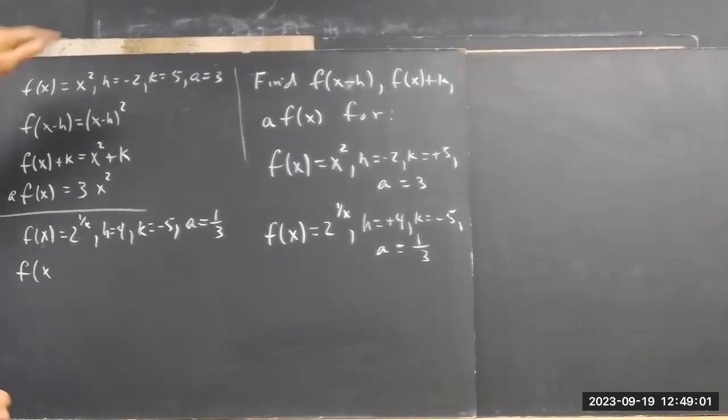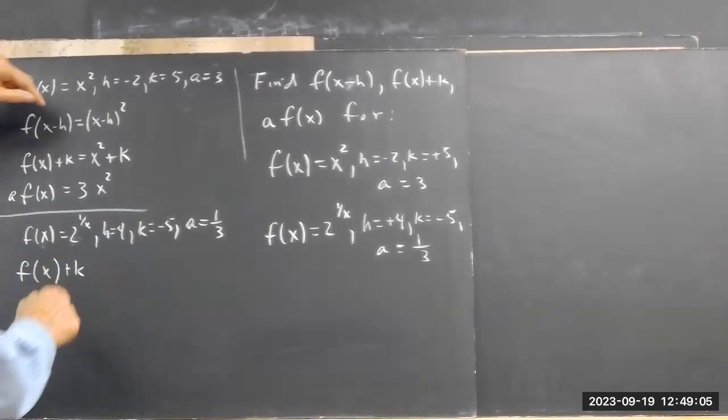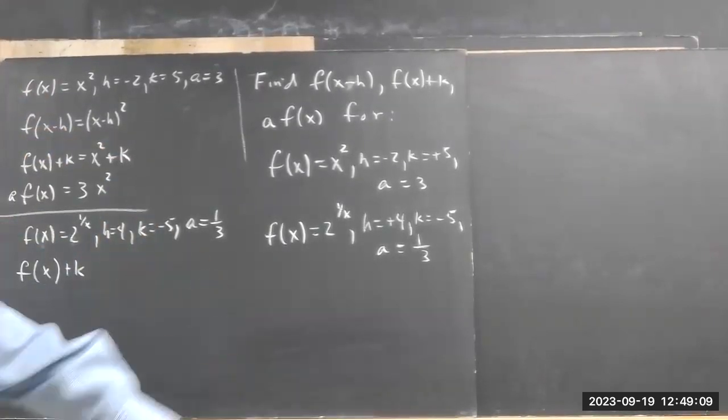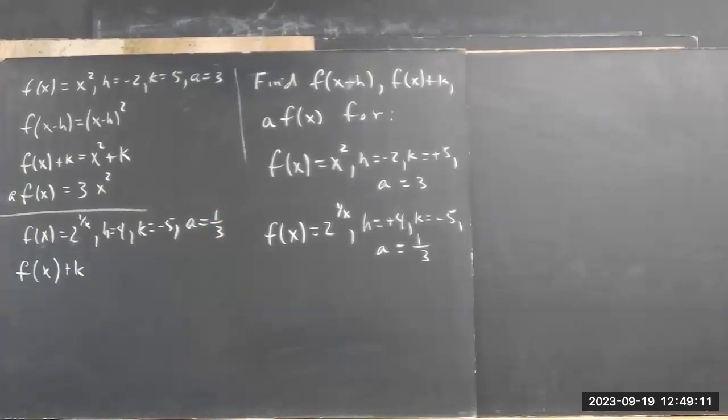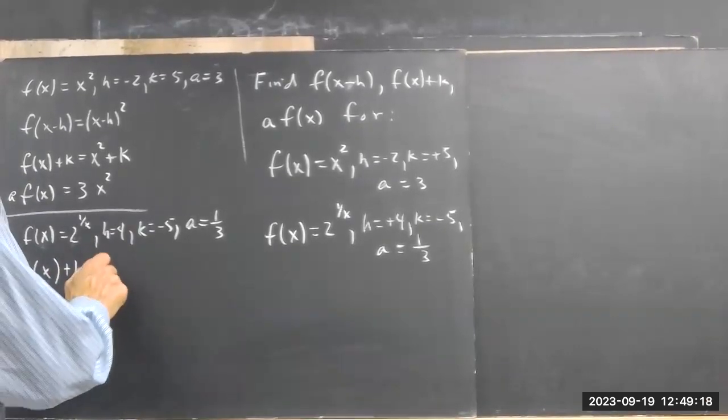Now, f of x. So I did f of x minus h. If you did x plus h, then you had x plus h quantity squared. That would have been correct. It's not a form that we usually use, so try to erase it from your memory, but there it is.